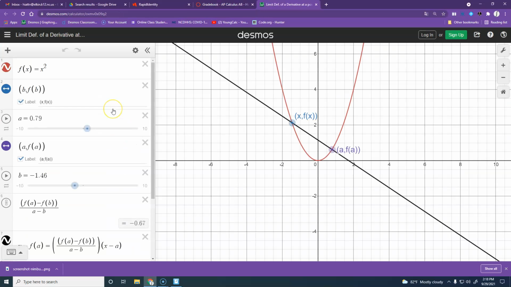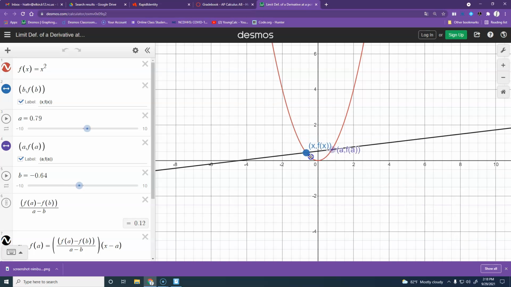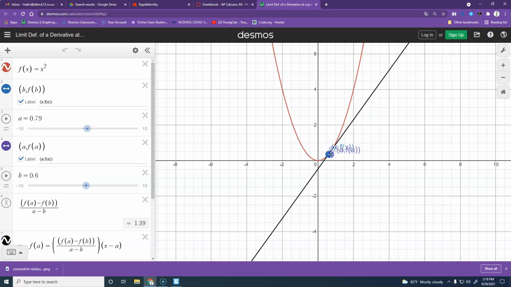So yesterday we looked at this. I had this graph. We could change this to any function that we want. As x approaches a, you get closer and closer to actually being a tangent line there, right? So we were looking as x gets closer and closer to a.